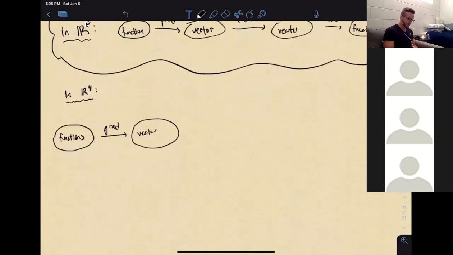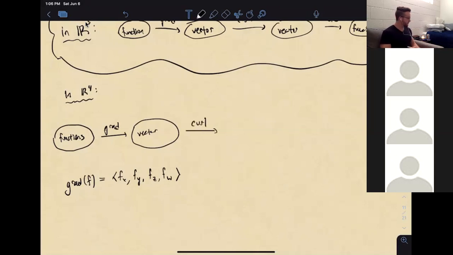So the gradient of a function in 4 dimensions would be a 4-dimensional vector. I'll use W as the 4th variable. And it would be the vector of all the partial derivatives. So it's not too surprising. The next operation, I guess I would call the curl again. These don't really have standard names at this point, but I think I would call it the curl.